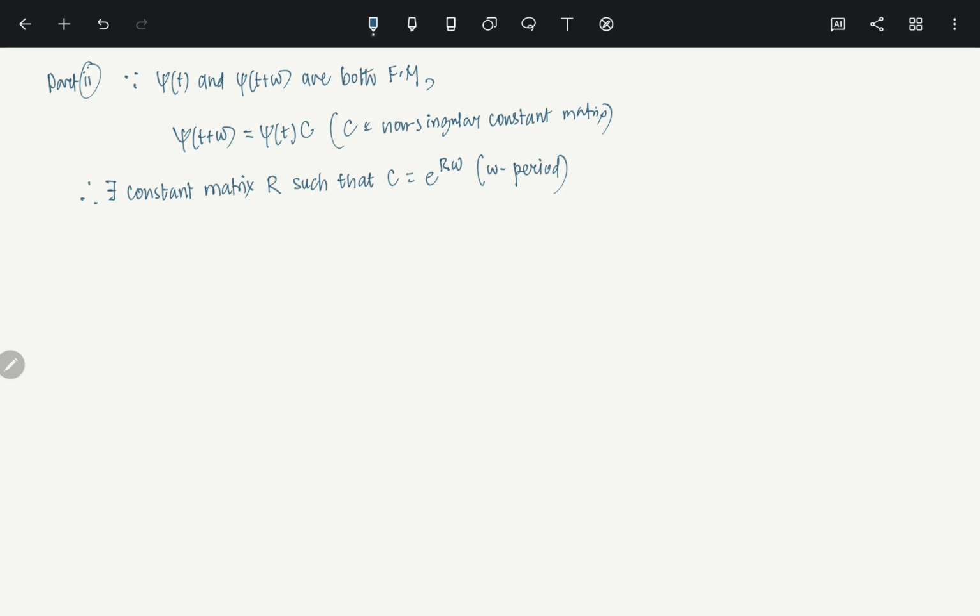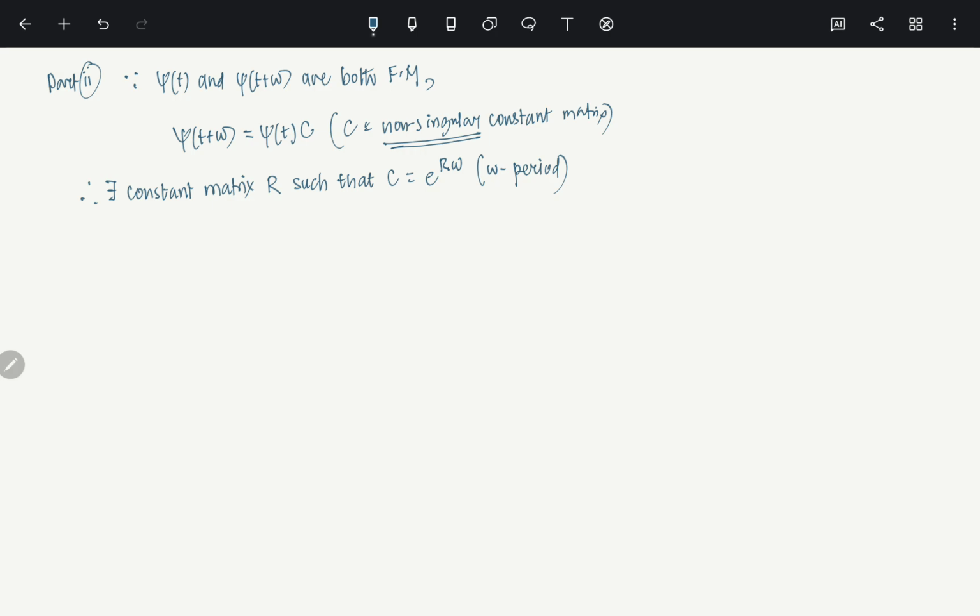So C is a non-singular matrix, right? If you have a non-singular constant matrix, then you can always find a constant matrix R such that C can be written as e power RW, where W is just a real number.